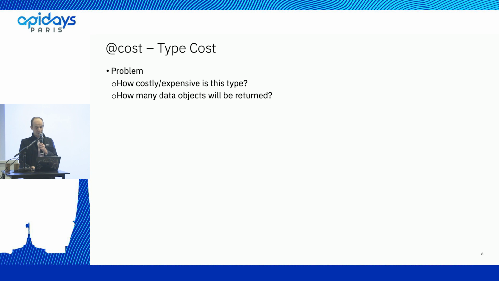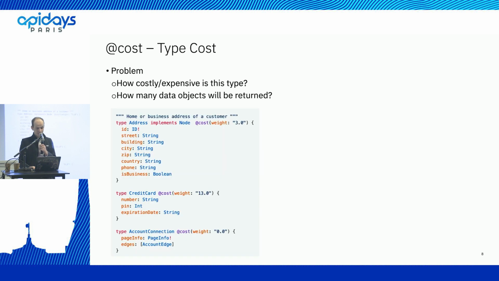So costing. What we did is we added type costing. If you look at this slide, you can see here we give every node a weight. Maybe it's more expensive for us to get credit card information because we need to get it from another backend, or we implement it with a third party, and so it's more expensive for us, therefore it's more expensive to the customer.